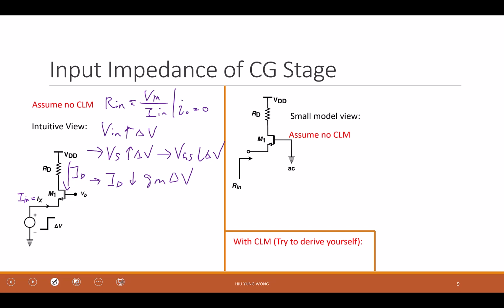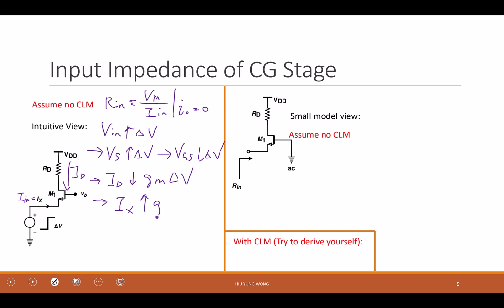But what is the relationship between ID and Ix? Look at the graph. What is the relationship between ID and Ix, based on what I draw? They're opposing. Mathematically, just negative to each other, right? So if ID reduced by Gm delta V, what happened to Ix?